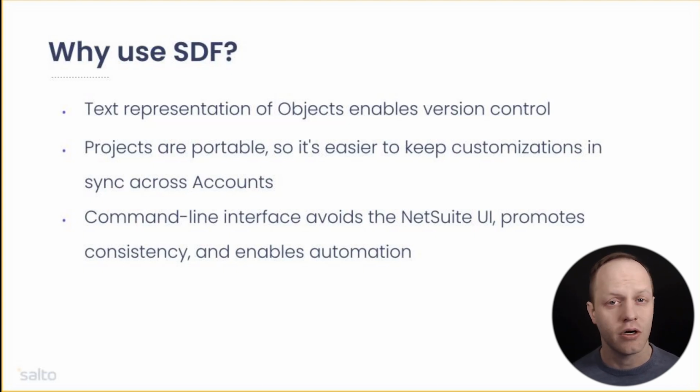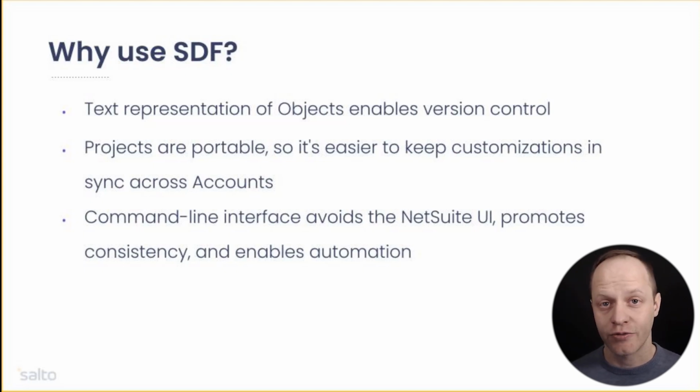So first, because all of our source files and our custom objects are now represented as text files, they are portable. They can be uploaded to servers. They can be shared with teammates or with stakeholders. And perhaps most importantly, they can be version controlled with a system like Git, which has significant implications for your SuiteScript operations, as you can enable and introduce some really modern and robust software development practices into your day-to-day SuiteScript operations.